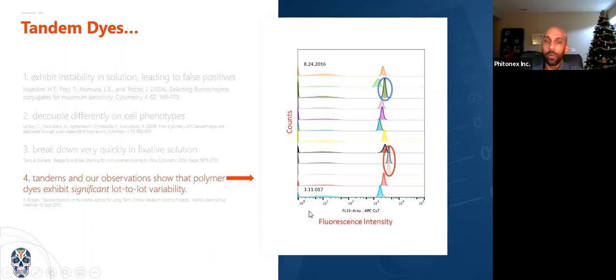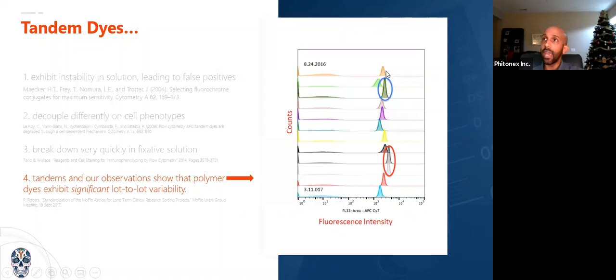And probably one of the most annoying things about tandem dyes is going to be their significant lot-to-lot variation. This is going to make performing repeat experiments pretty difficult, because when using tandems, you want to use the exact same lot so you have some form of consistency.